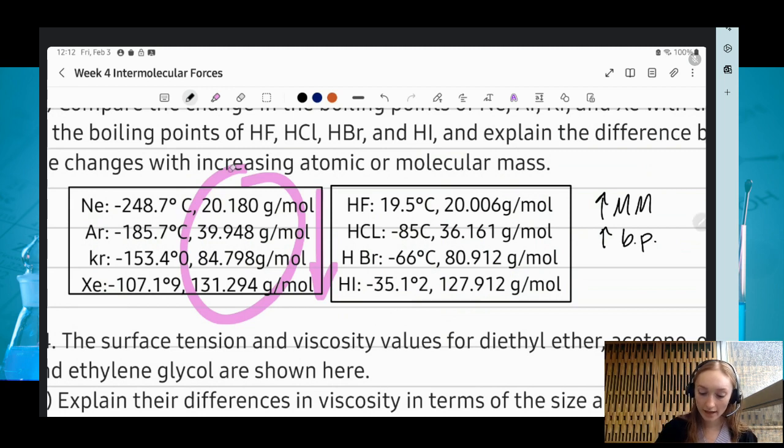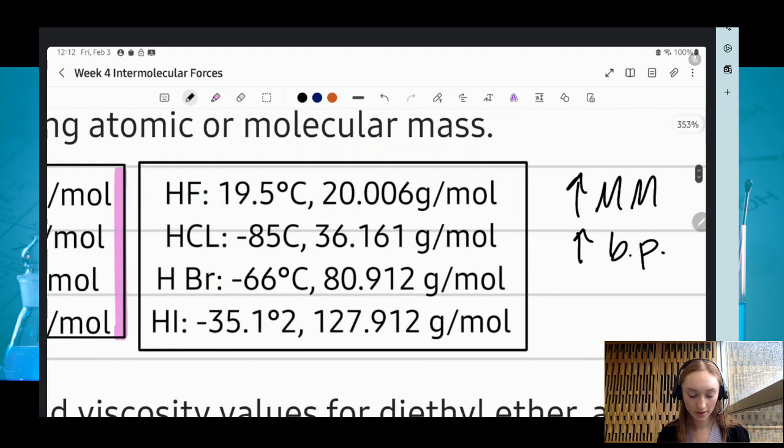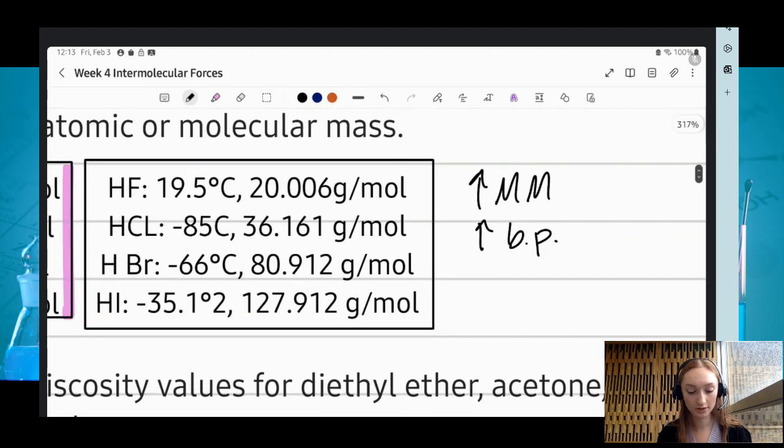And when we look specifically at all the hydrogen ones on the right, there's a correlation with not only the hydrogen bonding, but also the forces between each other. So the HI is actually the highest among the other three, because it has a higher molecular weight.